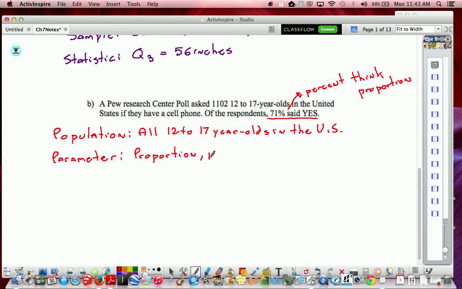And again, for the population proportion, the symbol is p, of 12 to 17-year-olds who own a cell phone.